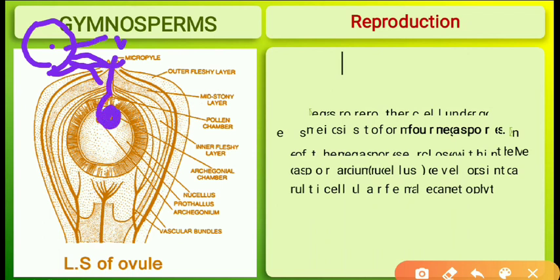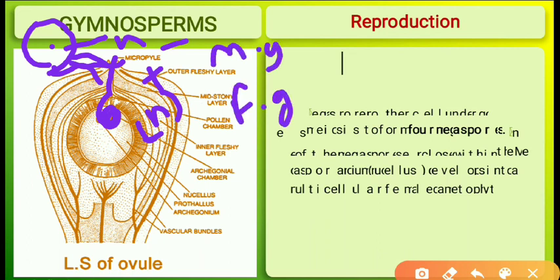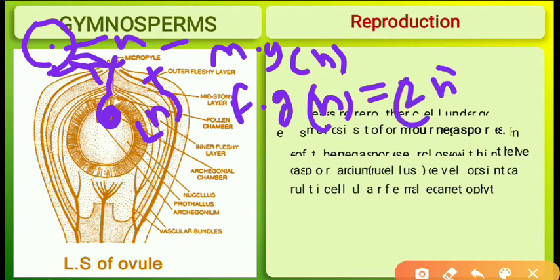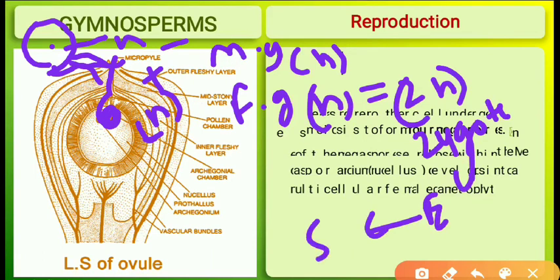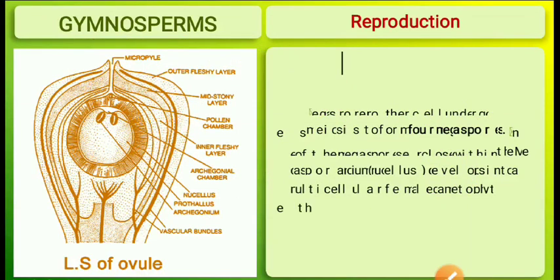The male gamete is haploid, the female gamete, that is the egg, is also haploid, and the fusion of male gamete and female gamete will take place. Haploid male gamete and haploid female gamete form a diploid zygote. This zygote will develop into the embryo. Embryo will develop into the seed, and from the seed the sporophyte is going to develop.